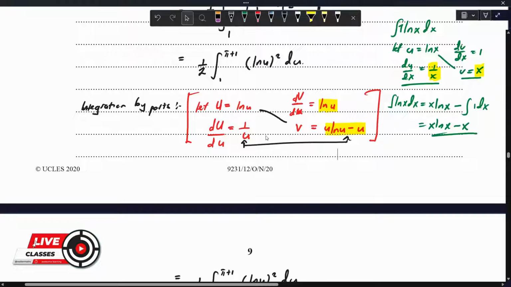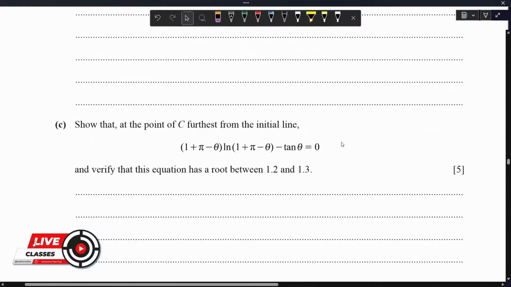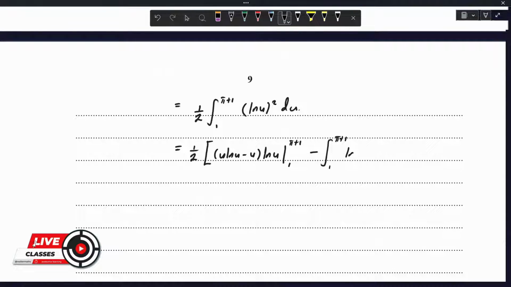which will be 1 over u times ln u is ln u. So it's essentially ln u minus 1. All right. So it's like we're integrating ln u minus 1 with respect to u.